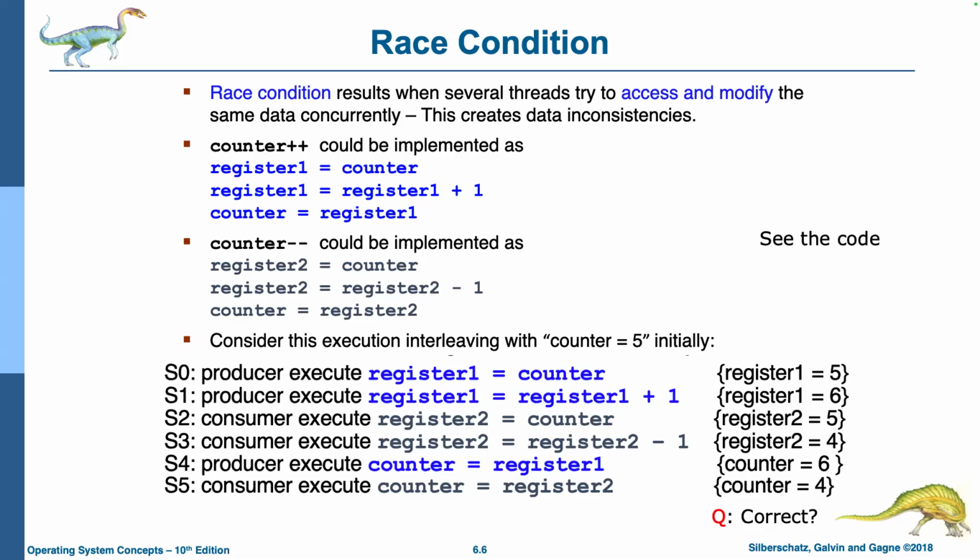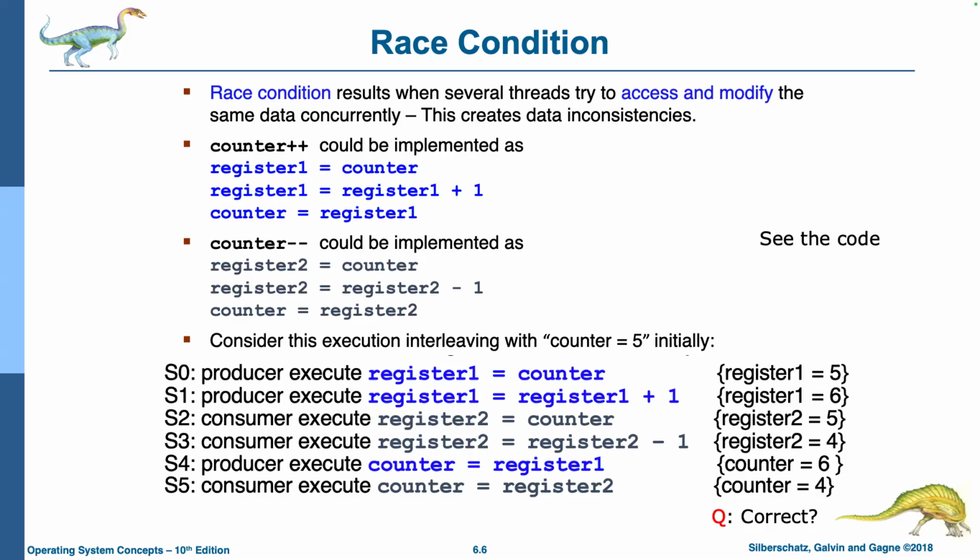It may be loaded to different registers. Well, both are different registers. So yes, initially it's 5, but the result is 4.